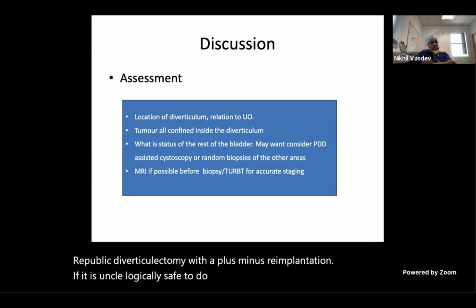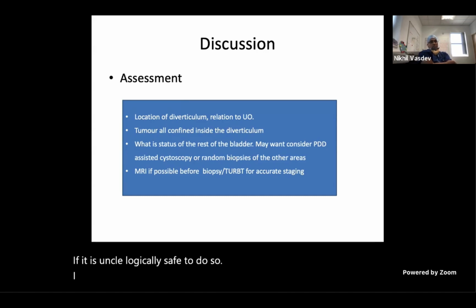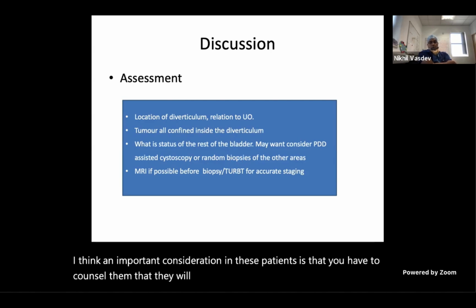I think an important consideration in these patients is that you have to counsel them that they will require adjuvant intravesical treatment depending on the pathology of what is being removed.